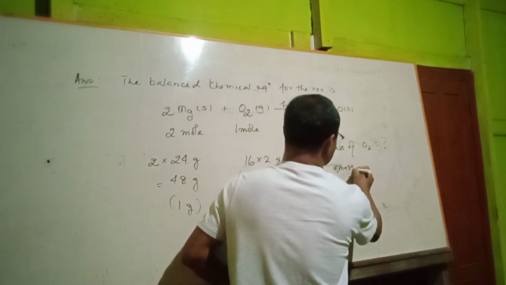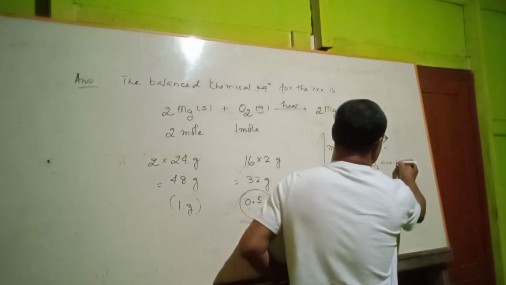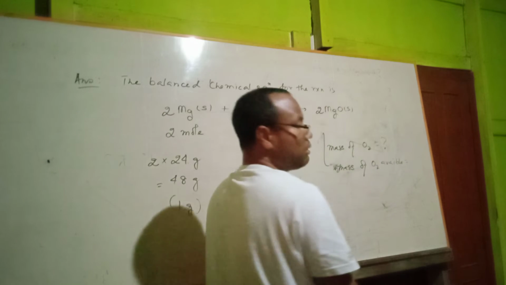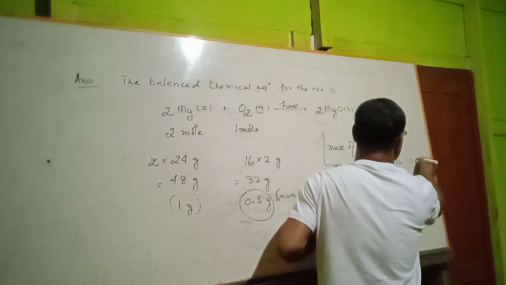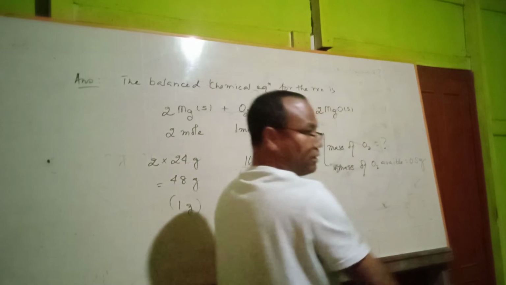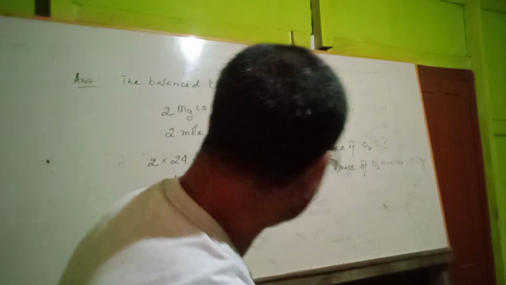It should be very easy to remember. Mass of oxygen available. How much oxygen is available? 0.5 gram, right? So now how will we find out?